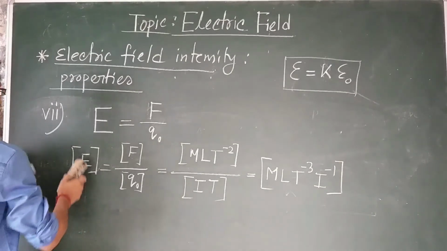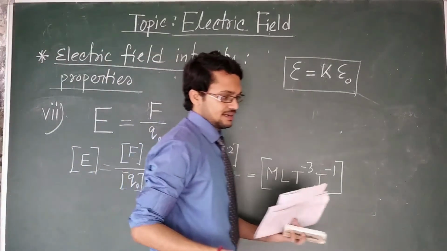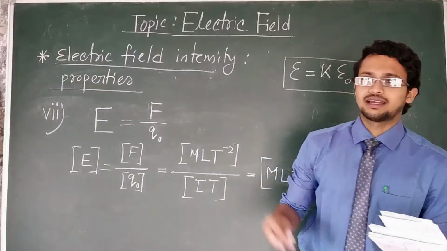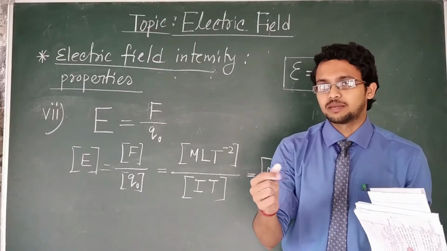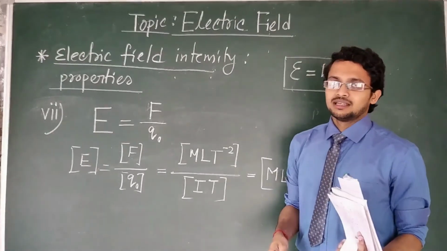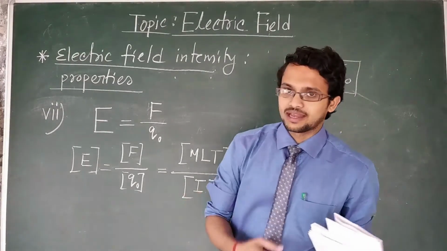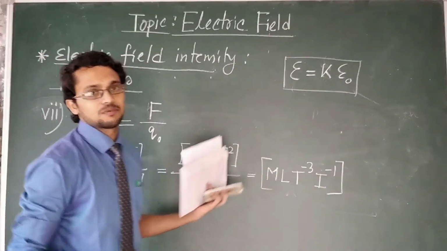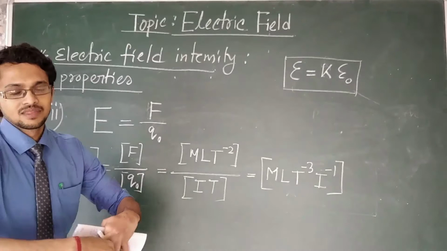Okay, now whenever there are discrete charges, between any two charges there is huge separation. Whenever we use discrete charges, then for finding the electric field at any point, we use the superposition principle in vector form only.